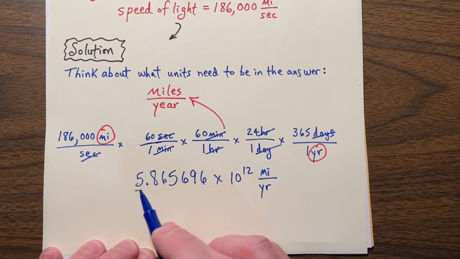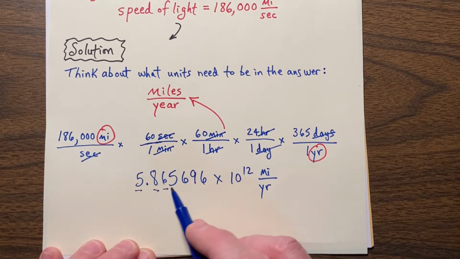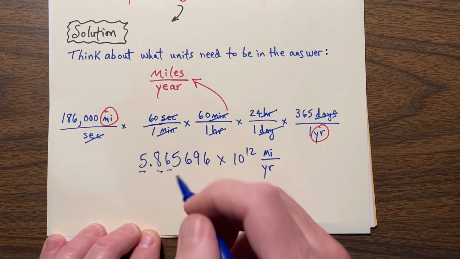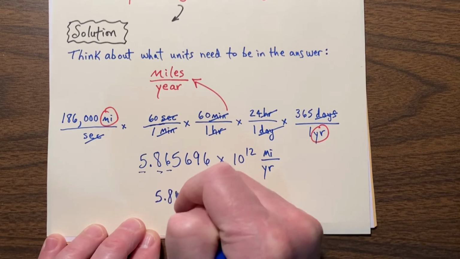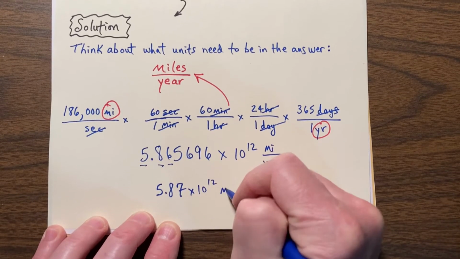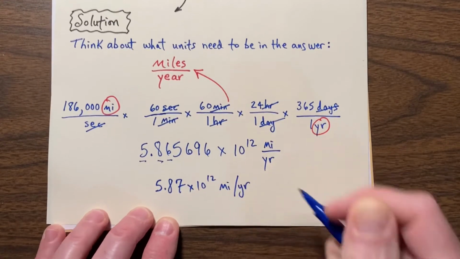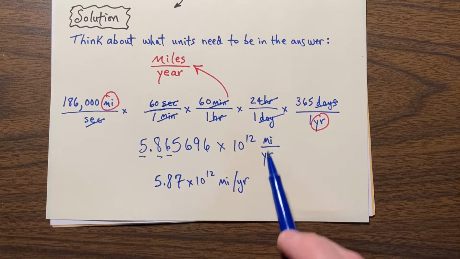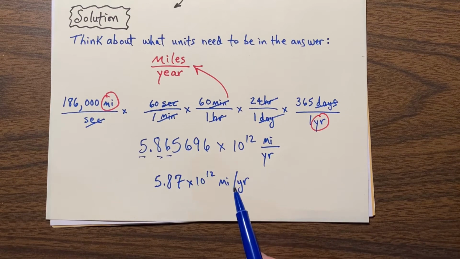We can keep the 5, the 8, and the 6, and then we look at the first digit we're throwing out, which is a 5, so we can round this up to 5.87 times 10 to the 12th miles per year. And it's okay if you write miles per year like this, or miles / year like that. That's fine. So that would be written, I believe that's 5.87 trillion miles.